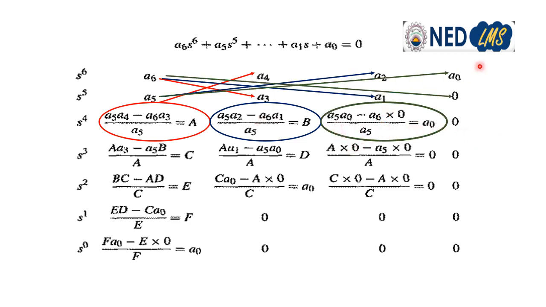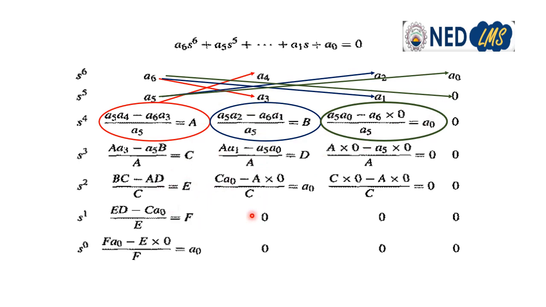So here we actually have a 0, so we use two columns, always the first column and the next column. So a5 into a0 minus a6 into 0, because there is a 0 here, divided by again a5. This term will become 0 because a6 is multiplied by 0, and a5 will be cancelled, so the result is a0.